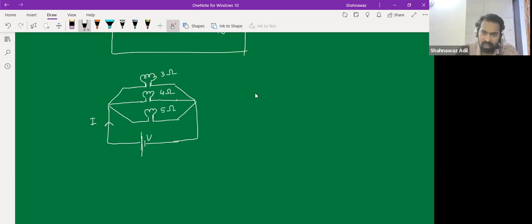Now we have another situation, and in this situation we have these three bulbs.